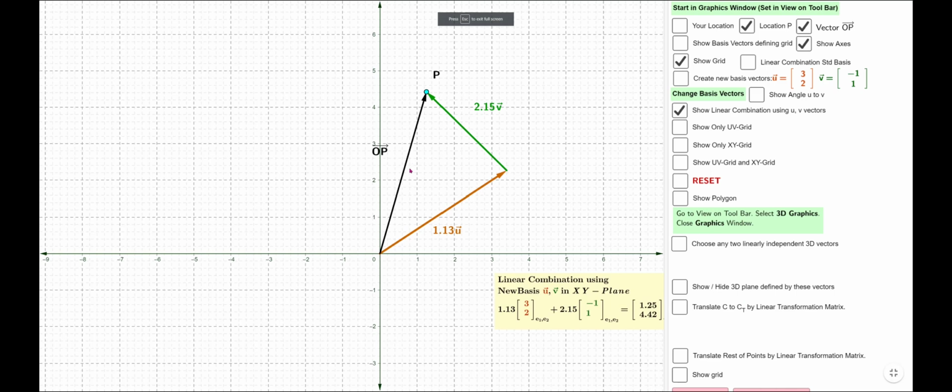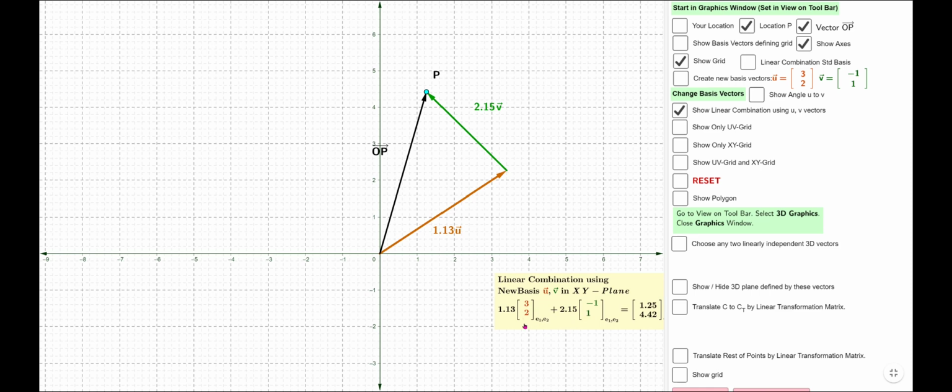Because if the U and the V are a basis, it means that they span the plane, right? And if they span the plane, any vector in R2 can be written as a linear combination of the U and the V, the basis vectors, right?